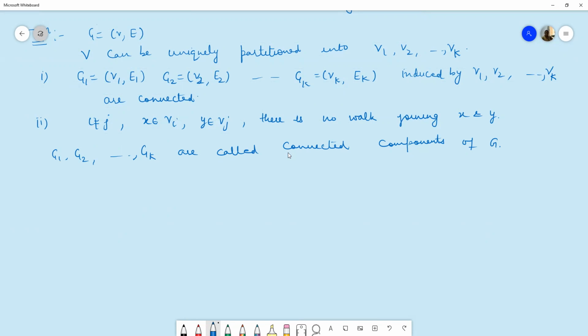So components are basically maximal connected induced general subgraphs. So we can define connected components like that. The connected components of a graph are maximal connected induced subgraphs.